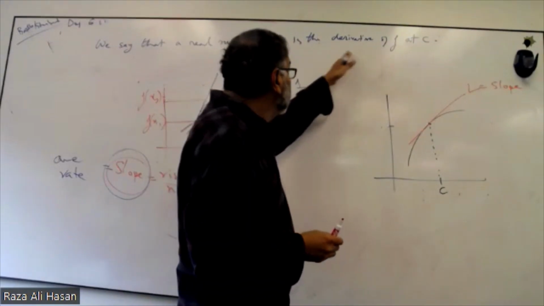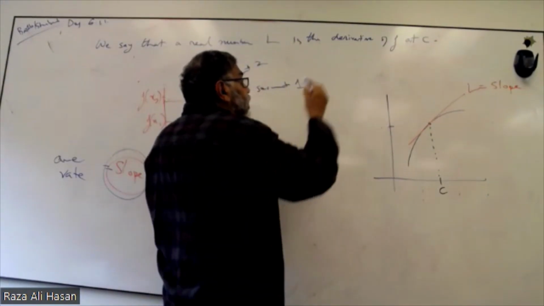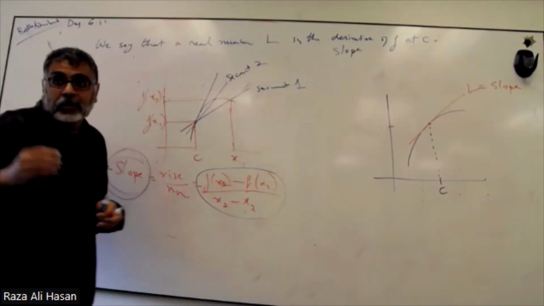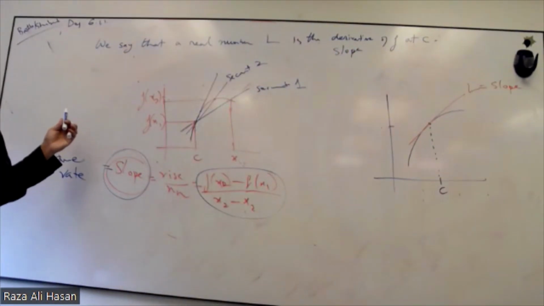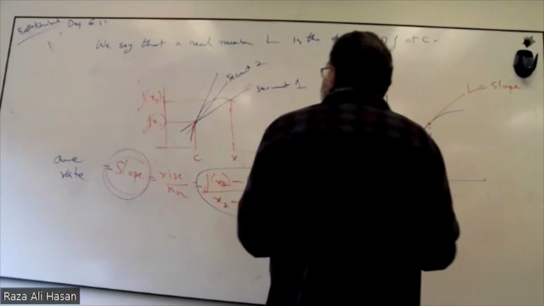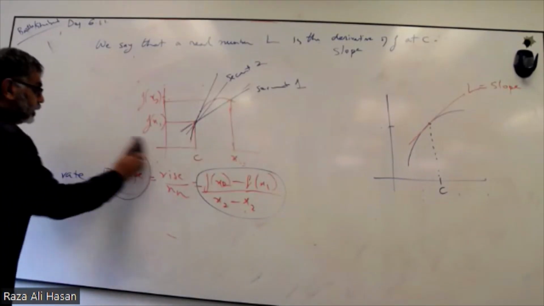But what is the derivative? What's another word for derivative? Slope. Derivative is the slope of the tangent line. Okay, I'm going to stop here and keep going.